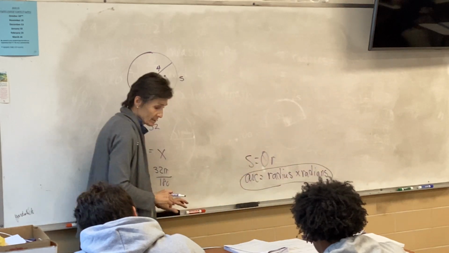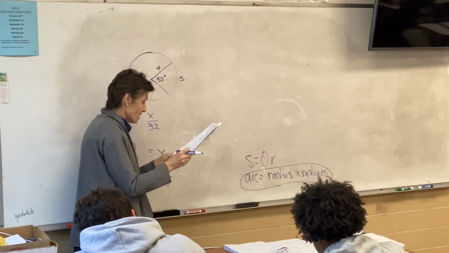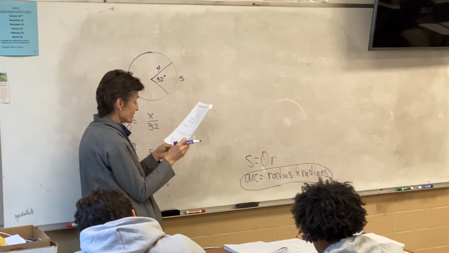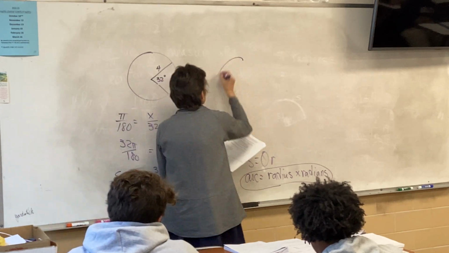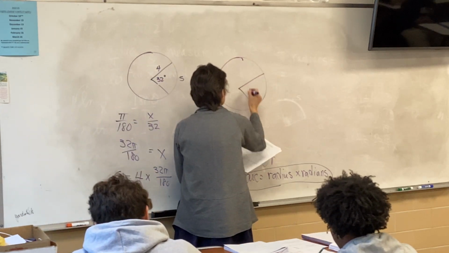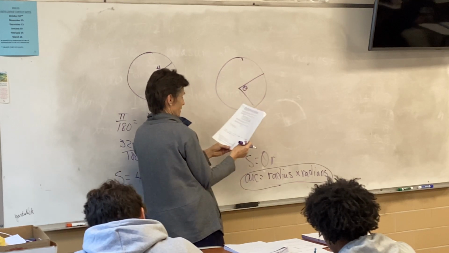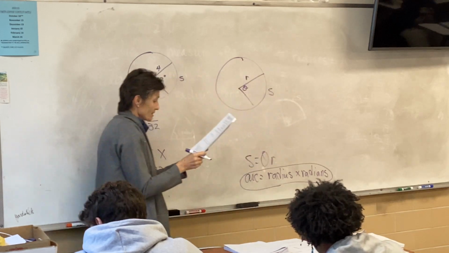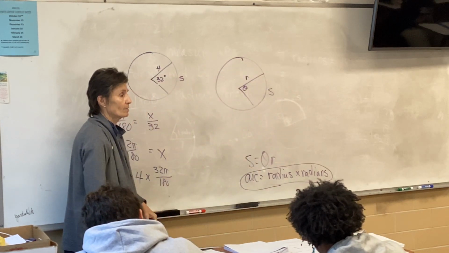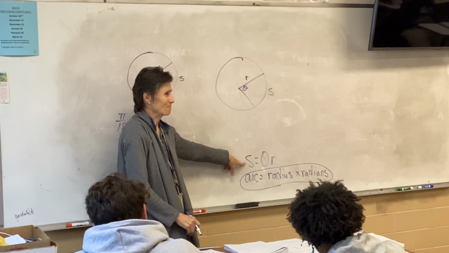All right, let's back up. I won't get carried away with myself there. Oh wait, there's one more. Find the radian measure of a central angle that intercepts an arc of length S in a circle of radius R. There it is, right?